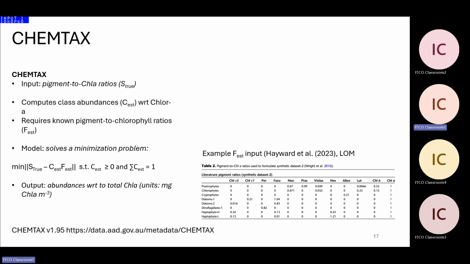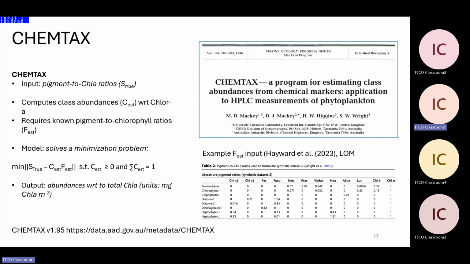Yeah, that's the caveat. So the second approach we have is chemtax. Anyone heard of chemtax? Chemtax has been around for quite a long time, and the input to this model is pigment to chlorophyll ratios. Again, you've had cultures from a laboratory where you know exactly what phytoplankton are in your test tube when you do your HPLC. You do that for a bunch of different types, look at the ratio of the accessory pigments to the total chlorophyll, and put it in a matrix.